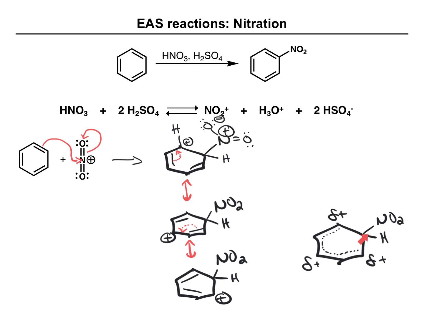If we focus on where the incoming electrophile is connected, the positions ortho and para to that position, those all share a partial positive charge. So although this molecule has to give up aromaticity to react with an electrophile, it is still somewhat stabilized by resonance.